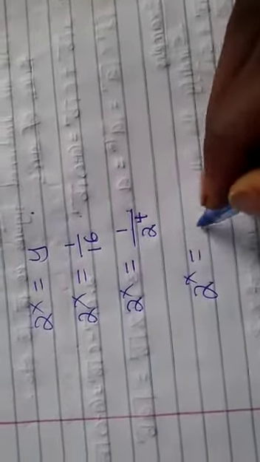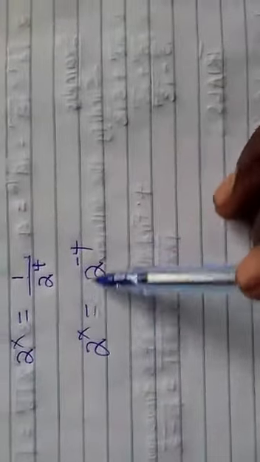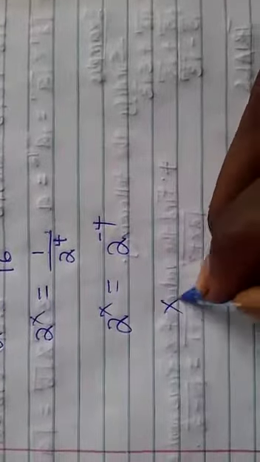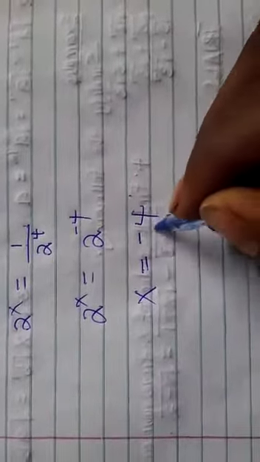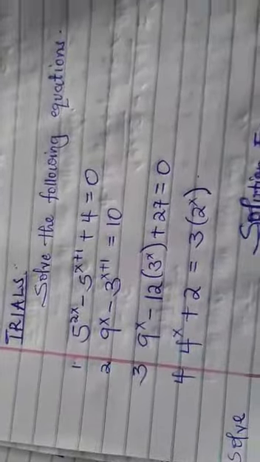Therefore, if I want to remove the fraction, it's just 2 power x is equivalent to 2 power negative 4. Remember, one of the laws I said is that if I'm equating numbers of the same bases, I just simply equate the powers. It means that x is equivalent to negative 4. That one becomes the answer. From there, I think you will be able to solve those questions.